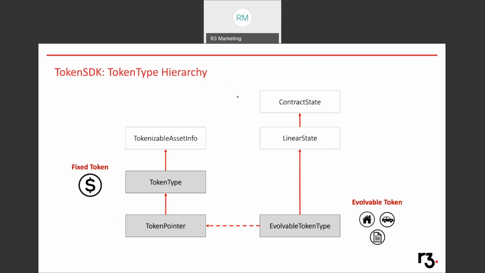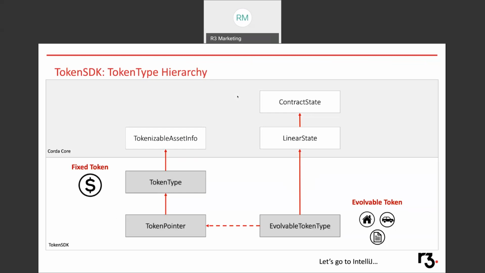However, things like mileage, the number of repairs that happen, your registration with the DMV or your local version of that, the value of the car, all those things are changeable and change over time. So you want to be able to represent that and evolve the token over time to update it to represent that object as best as possible. So that is the difference between a fixed token, an unchangeable thing, and an evolvable token where things can change over time.